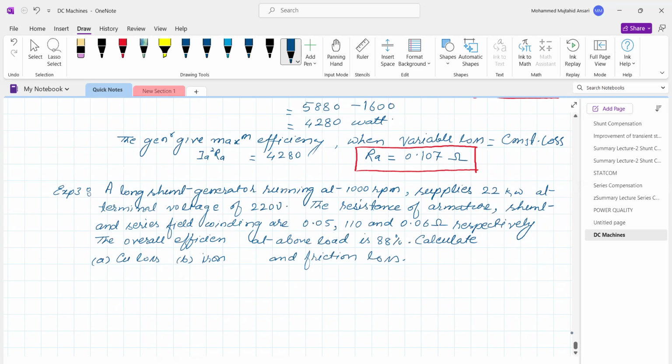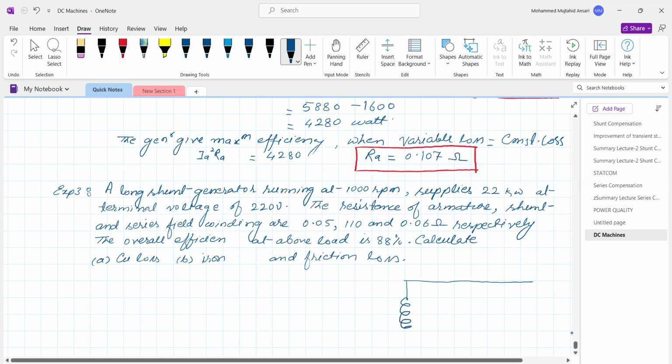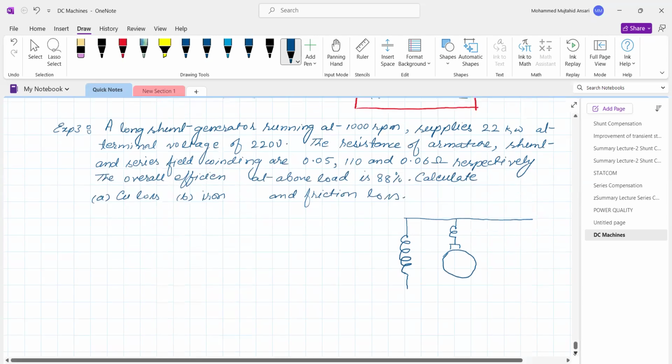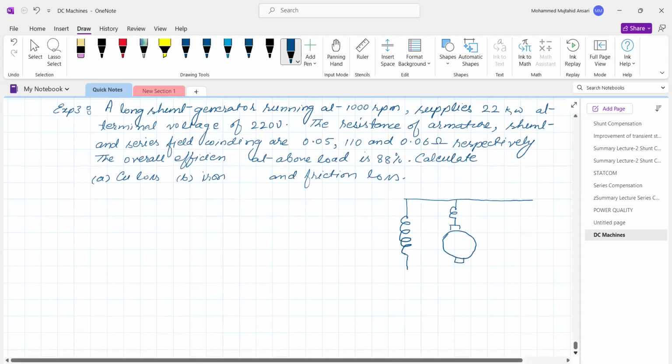Long shunt generator, this is the shunt winding, series field winding, armature, and this is the load.